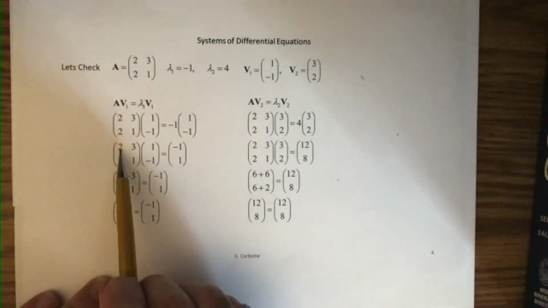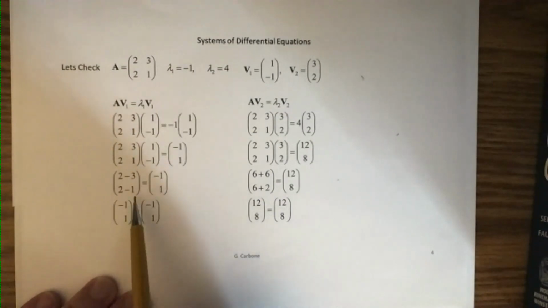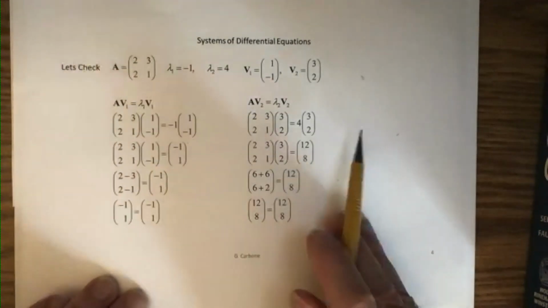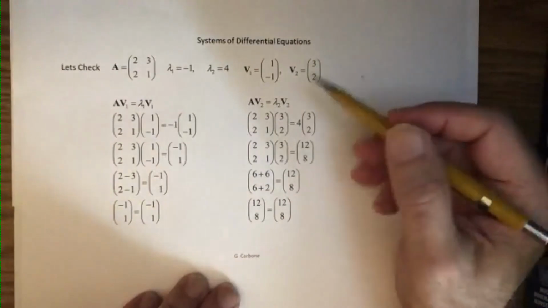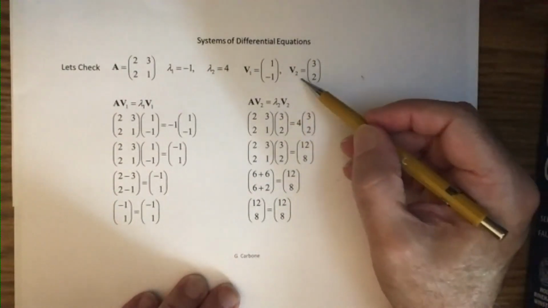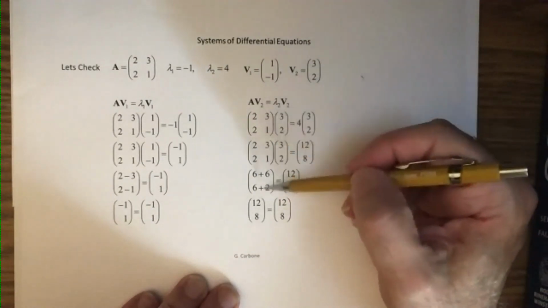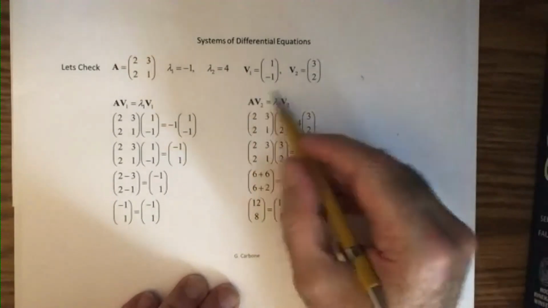When you multiply this times this, you're going to get 2. And then this times this is going to be -3, so that's the -1 here. And the same thing here too, if I use this eigenvector V2 and this eigenvalue, it does satisfy the eigenvector equation.